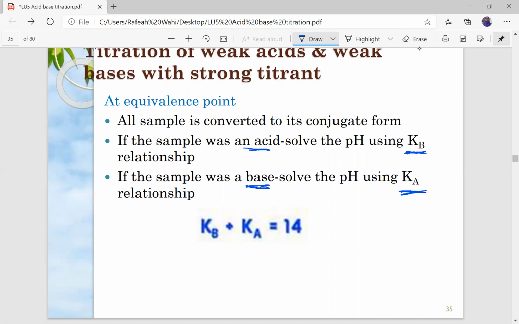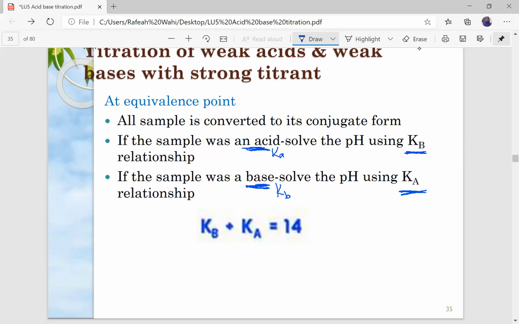Why? Because when you start with a weak acid, you already know that the initial pH should be acidic. And when you start with a base, you should know that the initial pH should start basic, so you use Kb.